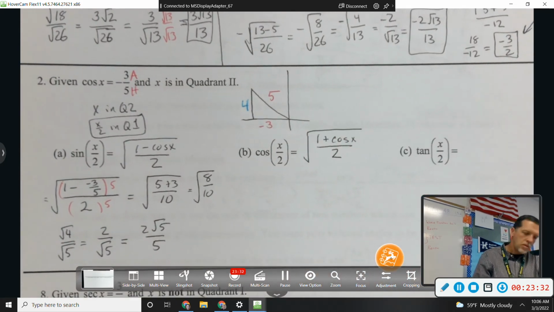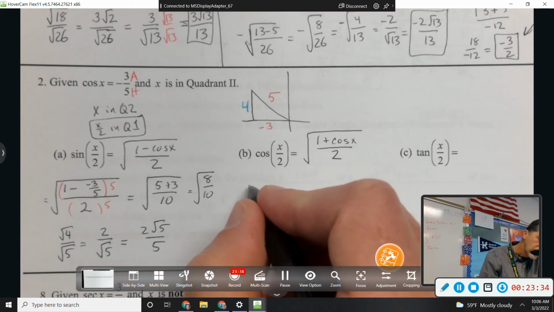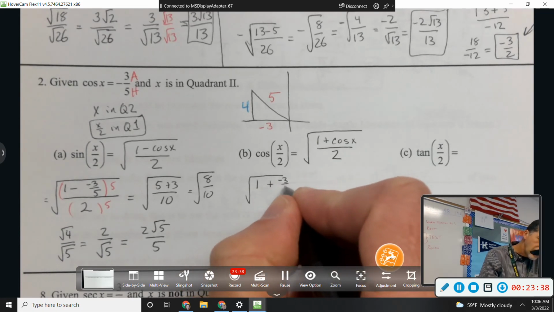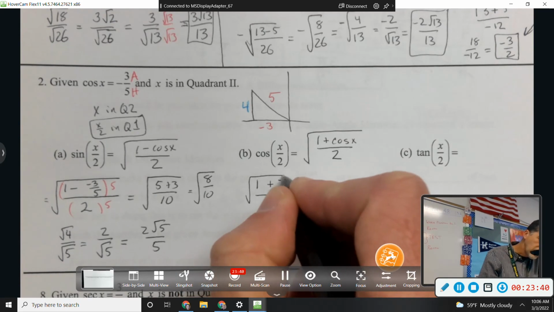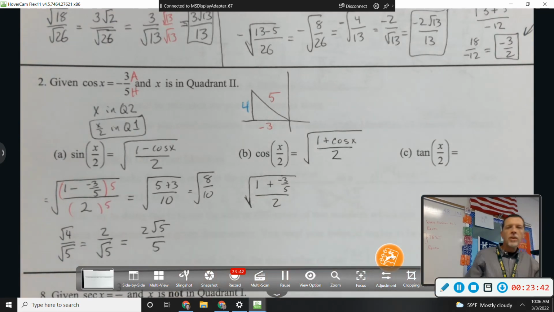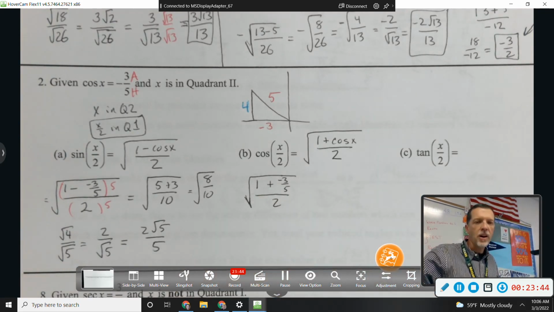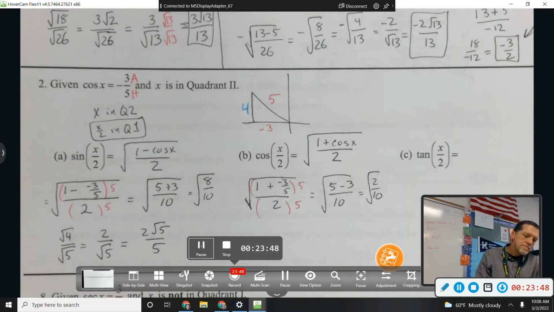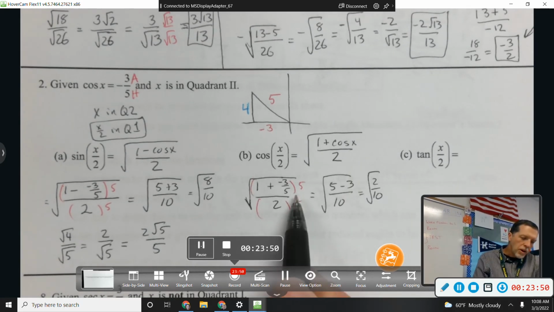1 plus cosine over 2. So 1 plus negative 3/5 all over 2. Why don't you see if you can finish that one from there? So multiply through by 5 to clear out that 5.